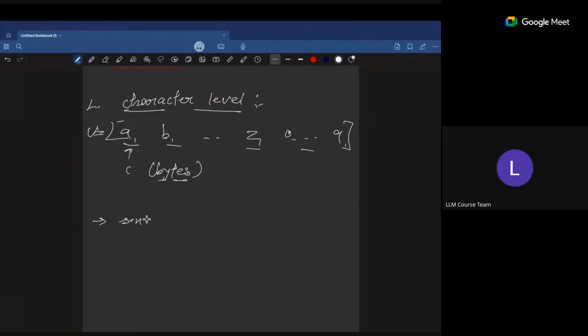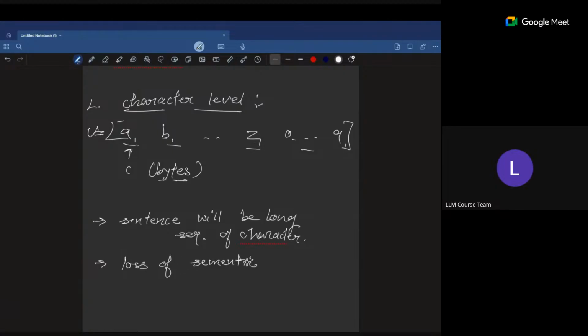A sentence will be a long sequence of characters, right? So in this case, it will take more space. Another thing is the loss of information, or lots of semantic nature. Why?